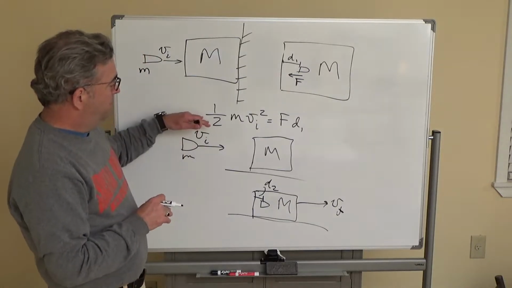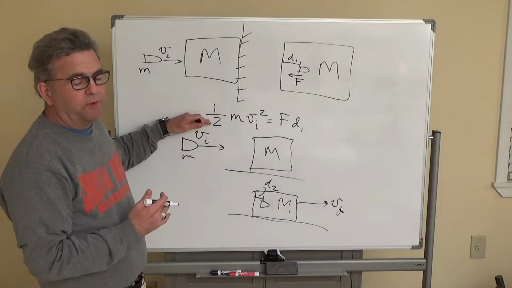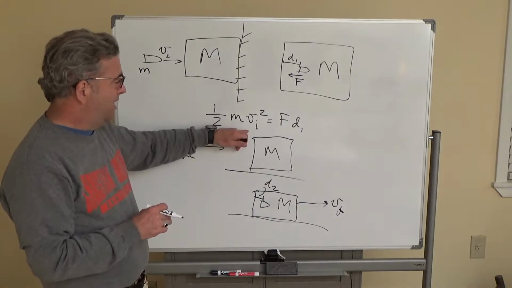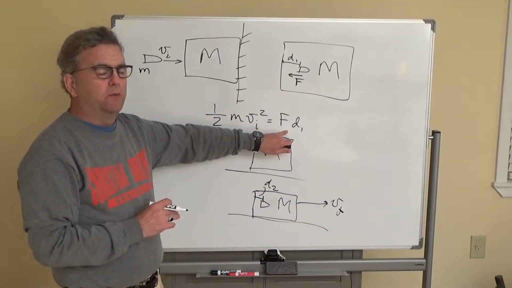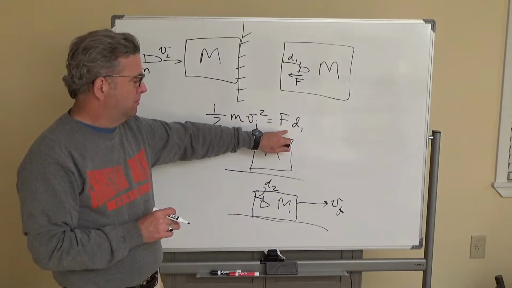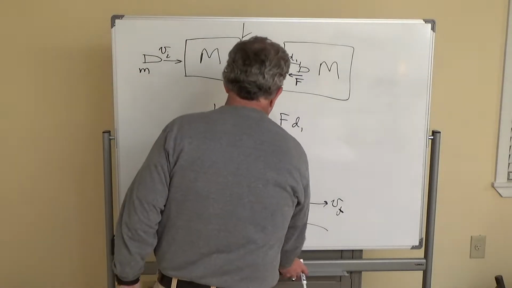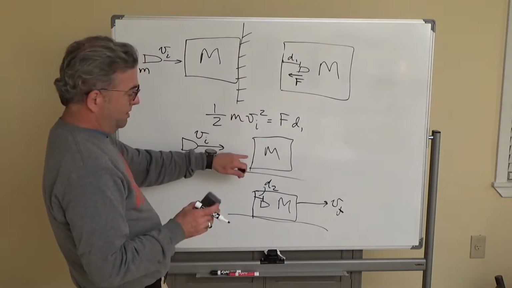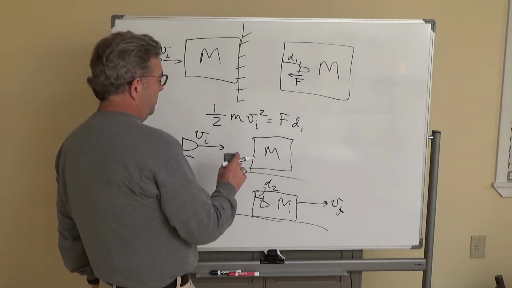Okay, this is the only thing we know from the first situation. That kinetic energy was turned into friction. There was some work that went into stopping the bullet. In this case, this is definitely an inelastic collision. There's energy lost.